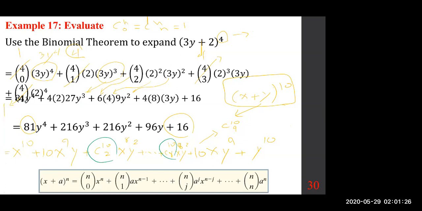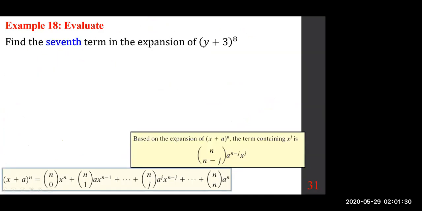And so here's the last one. Find the 7th term in the expansion. You have a choice. You really can go to the 7th one and figure it out. Or based on what we just discussed, you may see this formula. Okay, you look at the one I did in the previous page for you.